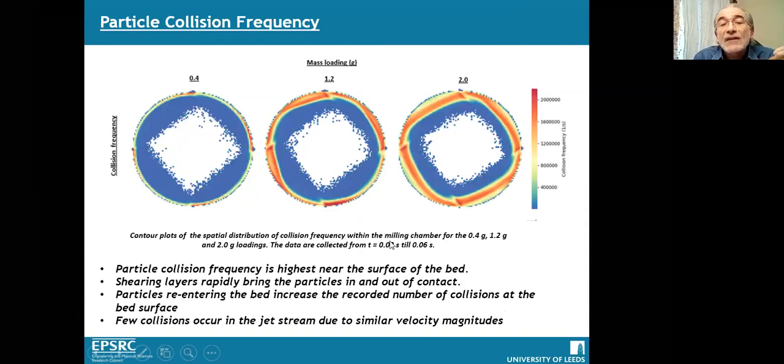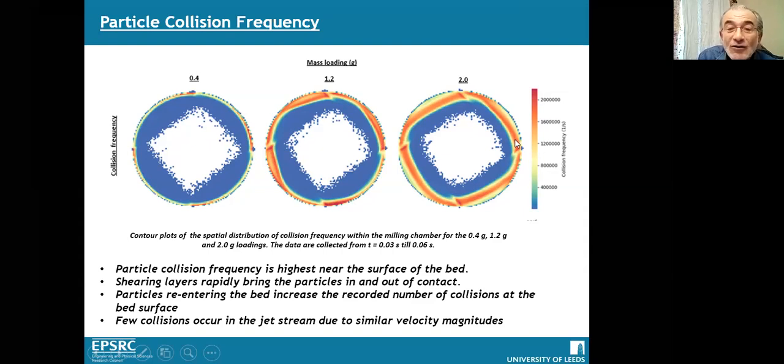That's collision frequency. So again, we have the same loadings, and in here we have the collision frequency summed up for the whole time. So it goes to a very large number of collisions. What you see here is that actually the 0.4 doesn't have much collision frequency.